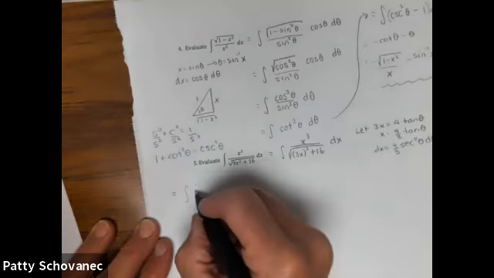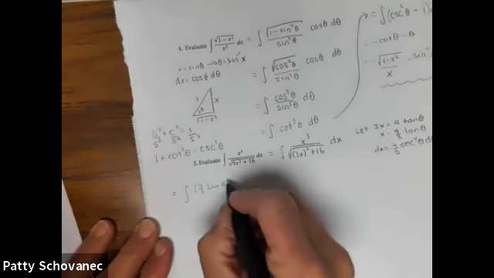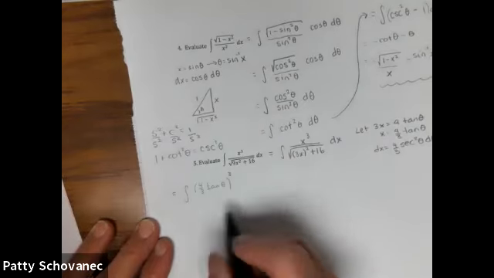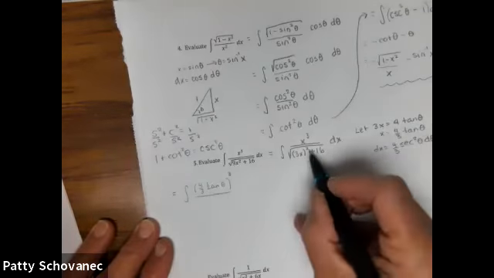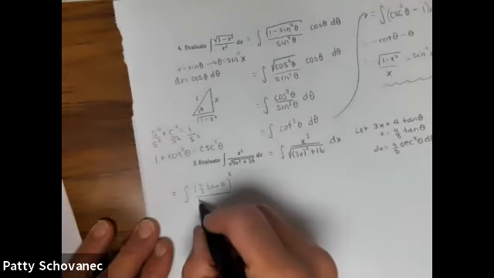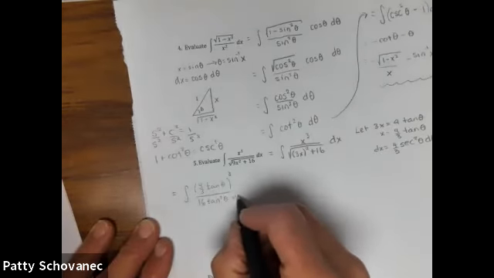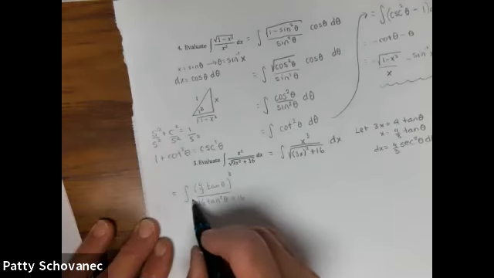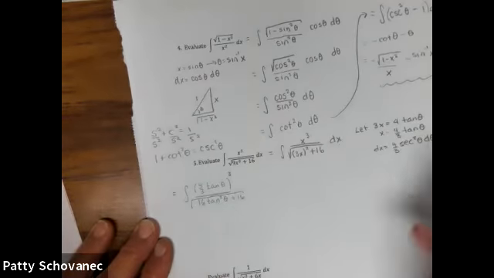Okay, so x we said was 4/3 tan theta all cubed. 3x is 4 tan theta, so 3x squared is 16 tan squared theta. And those two terms are under the radical sign. And dx is 4/3 secant squared theta d theta.